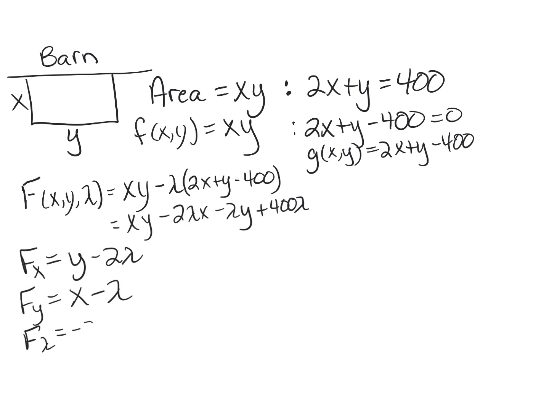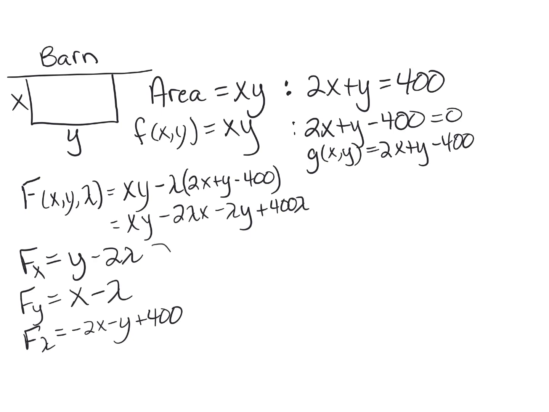We get minus 2x minus y plus 400. Now notice that this is our constraint, right? It's just the negative of this form of it. So we have our two first partials with this extra piece, but we also have our constraint.